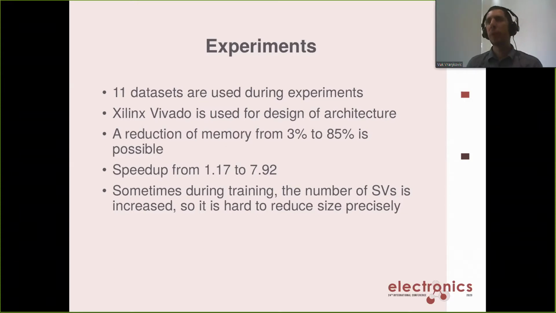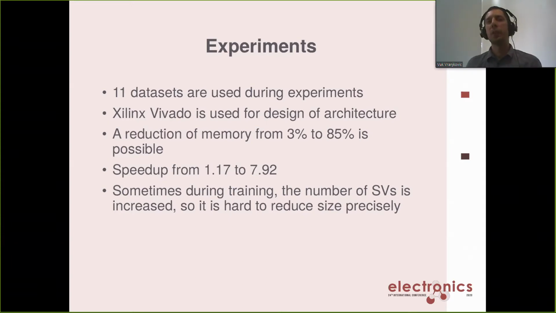There are some anomalies which are shown in the paper. Sometimes during training, the number of support vectors is increased because all support vectors now have more zeros than the previous ones. So during training, the number of support vectors is increased, but overall, the number of attributes is decreased a lot.